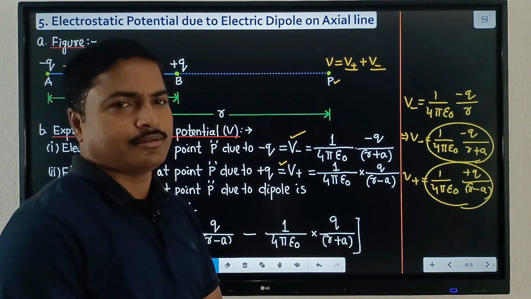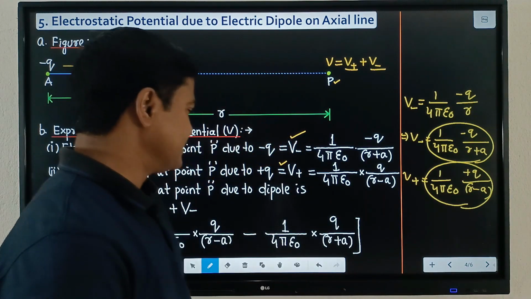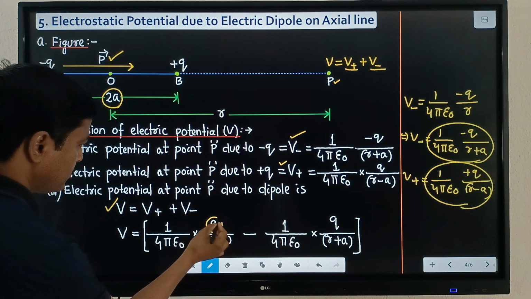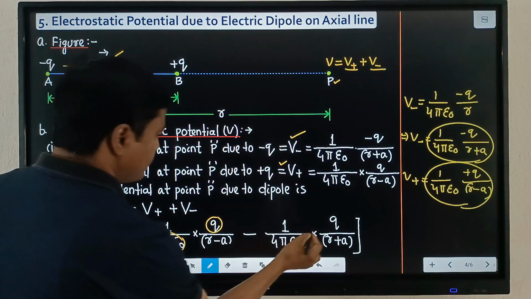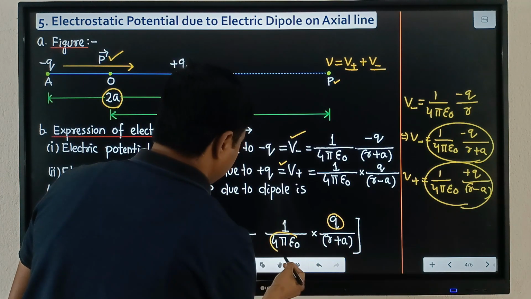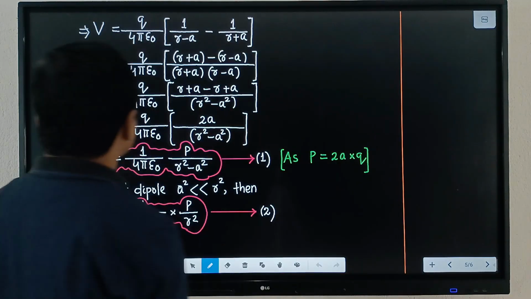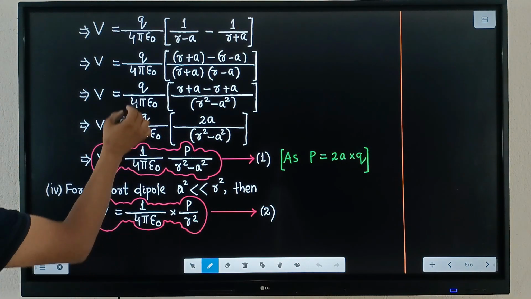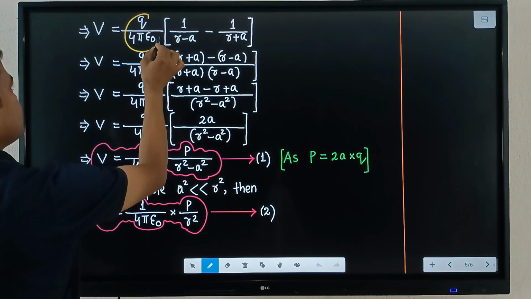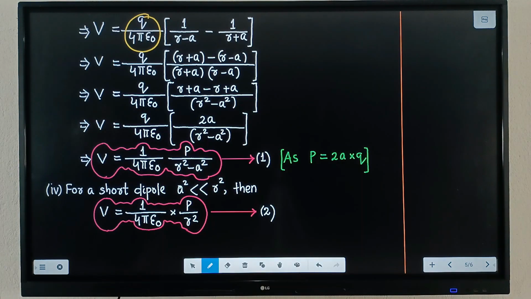by r plus a. In this expression, q divided by 4 pi epsilon 0 is common. So we write V is equal to, taking common q divided by 4 pi epsilon 0, remaining 1 divided by r minus a minus 1 divided by r plus a.